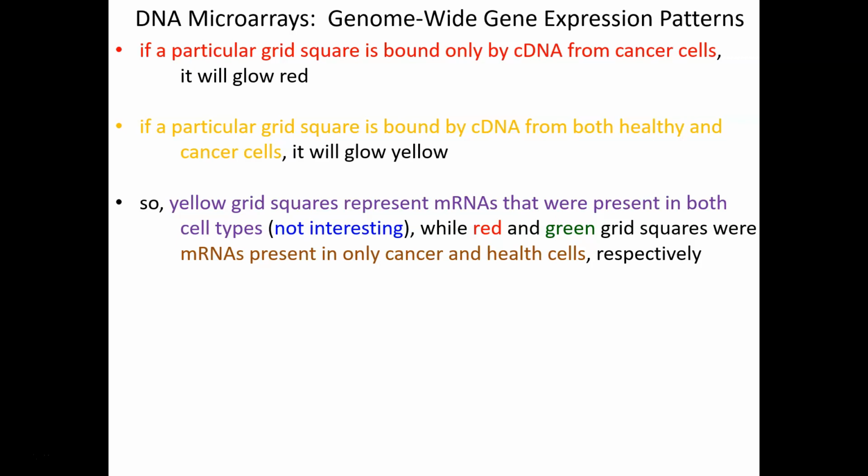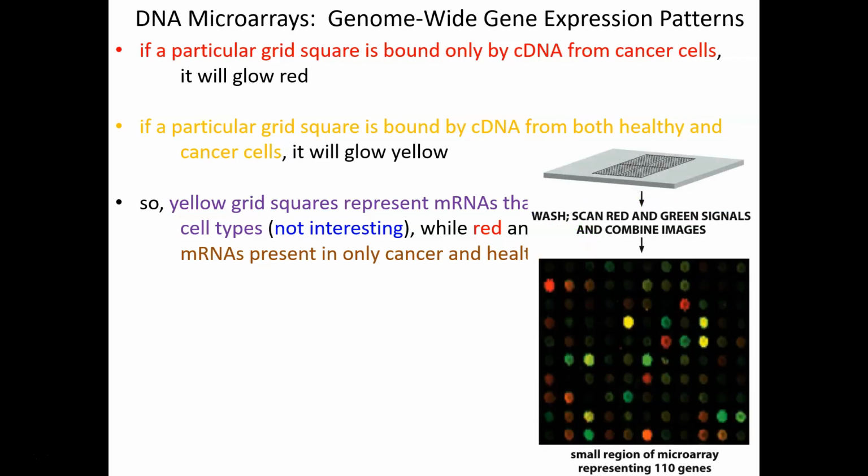This is a characteristic of genes called oncogenes, genes that tend to encode proteins that promote cancer growth. And then grid squares that glow green represent genes that were only being transcribed in the healthy cells, not in the cancerous cells. And that represents tumor suppressor genes, genes that encode proteins that keep cancer at bay. And again, black squares represent genes that weren't expressed in either population.